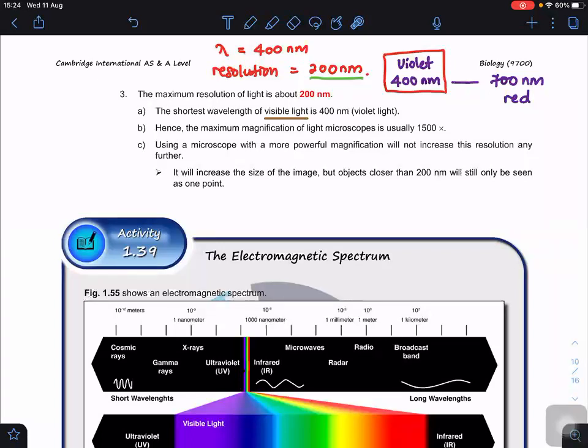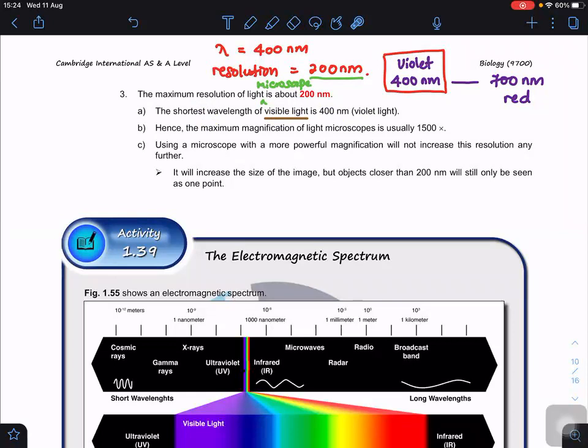So that's why I said the maximum resolution of the light microscope, my mistake, is as in the notes, about 200 nanometer. It's not exactly equal, but roughly. Why? Because the shortest wavelength of visible light we can use is 400 nanometer, which is the violet light.